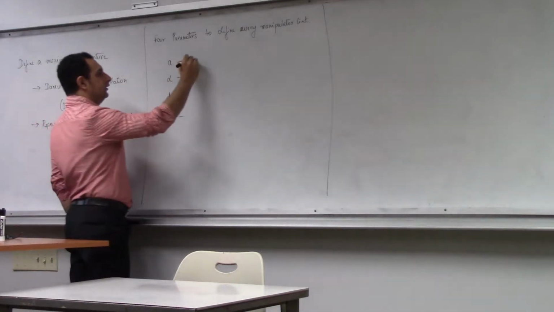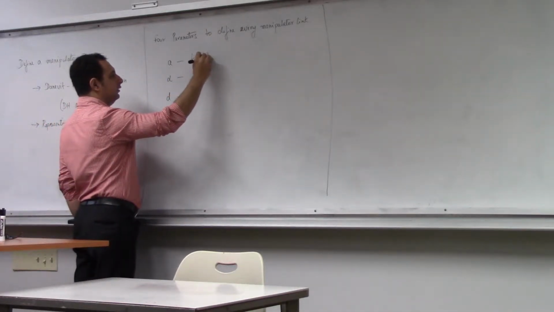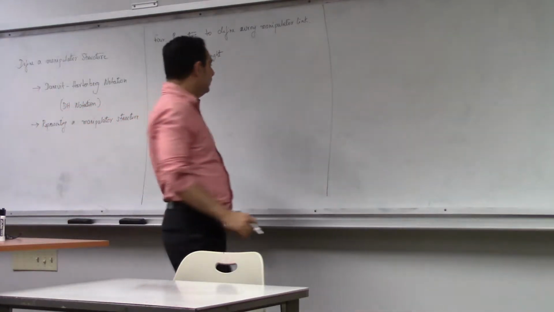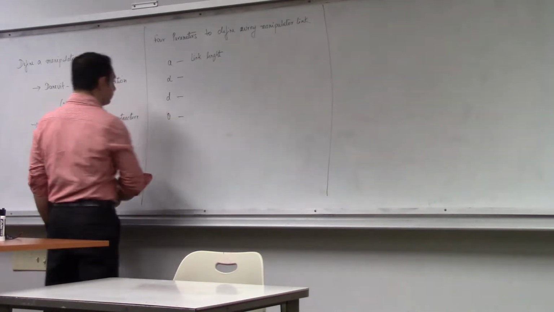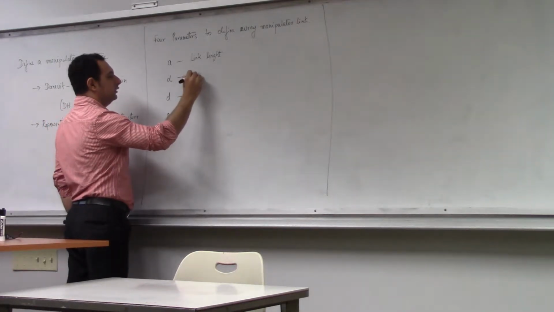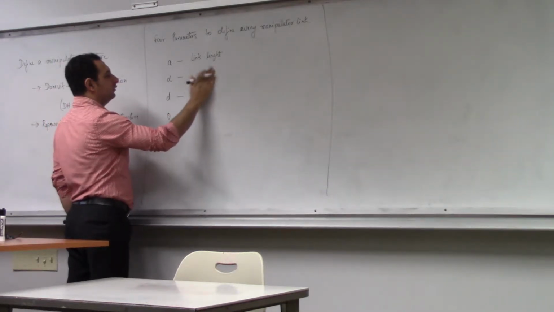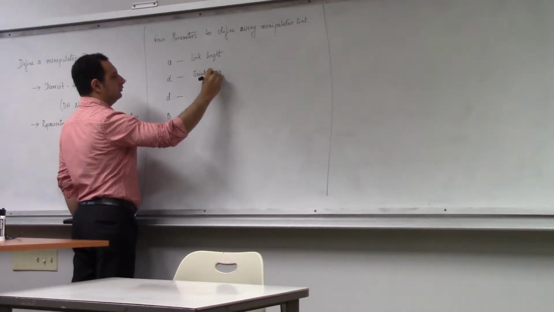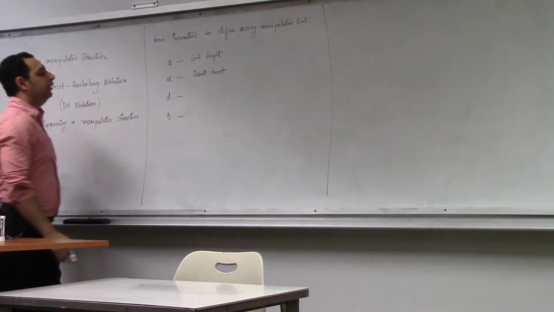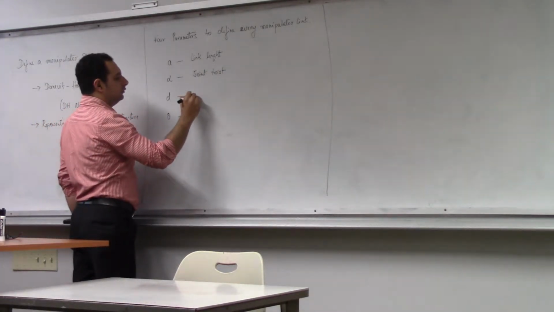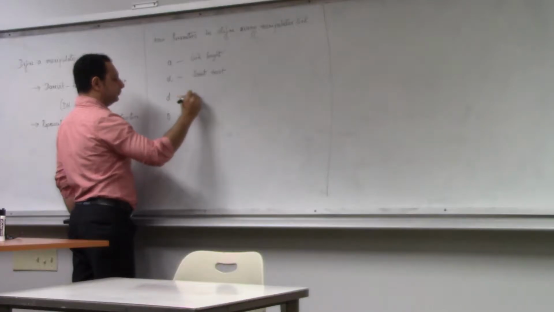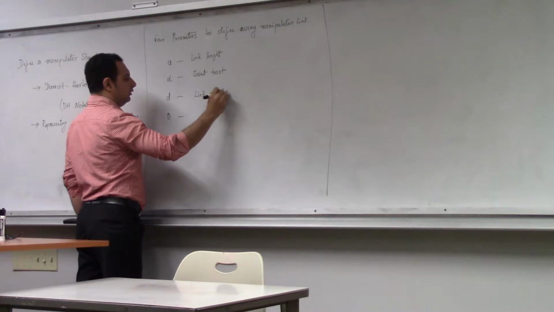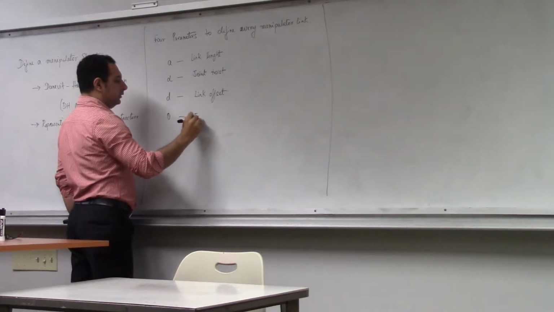a is known as the link length. Alpha is the link twist or joint twist. d is your link offset, or joint offset, and theta is the joint displacement.